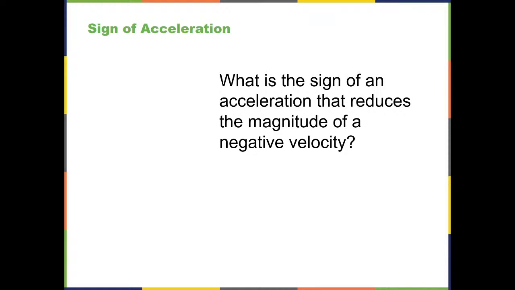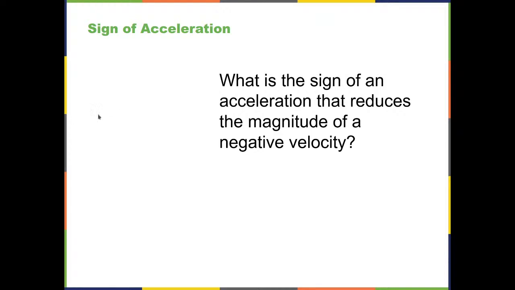So a question to consider: what is the sign of an acceleration that reduces the magnitude of a negative velocity? So now I've thrown in another sign. I've started off with a negative velocity, and we want to know what the sign of the acceleration is that reduces the magnitude of this negative velocity.